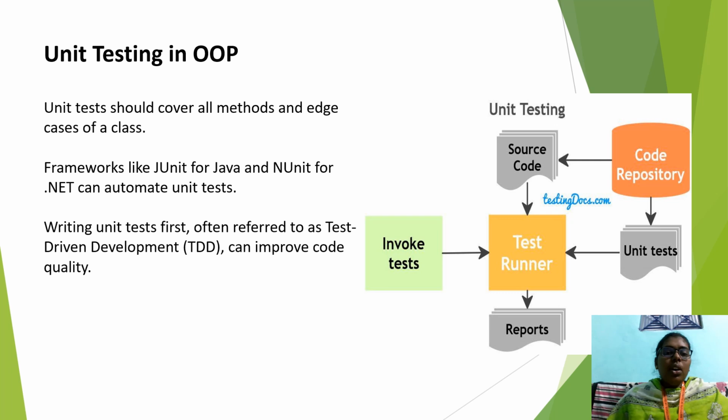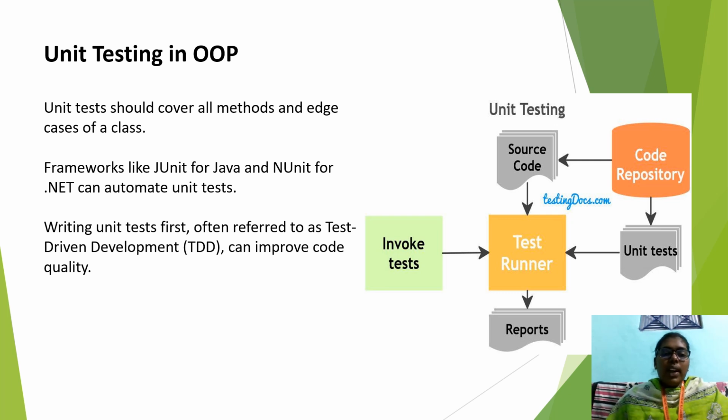Unit testing in object-oriented programming. Unit tests should cover all the methods and edge cases of the classes. Frameworks like JUnit for Java and NUnit for .NET can automate the unit tests. Writing unit tests first is often referred to as test driven development, and TDD means test driven development.